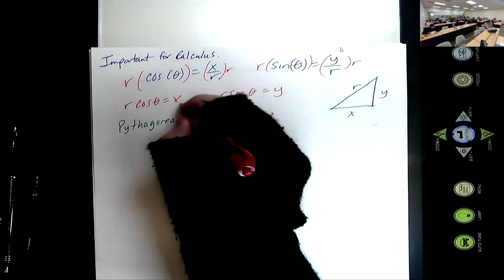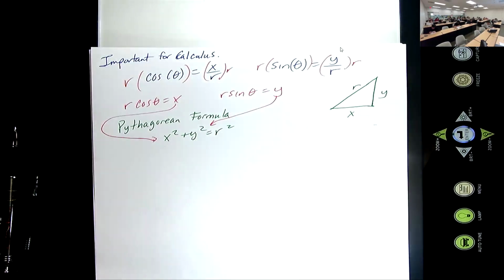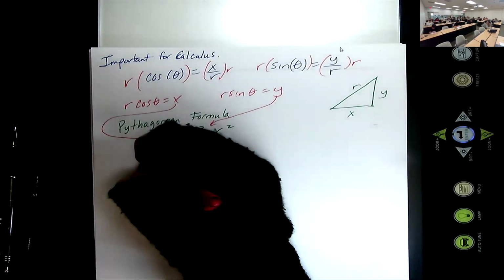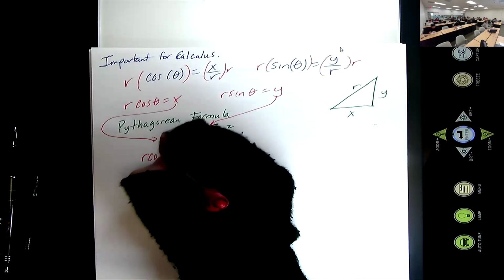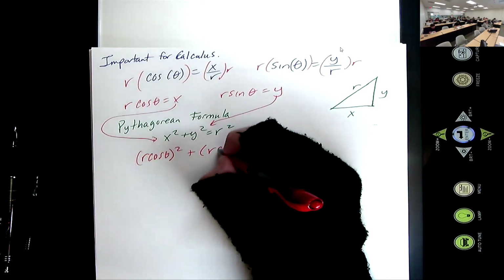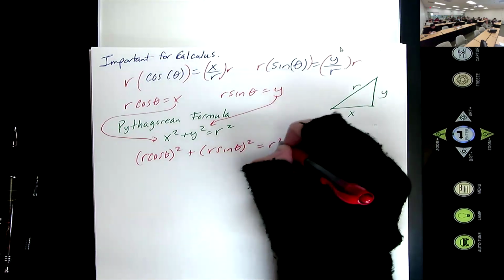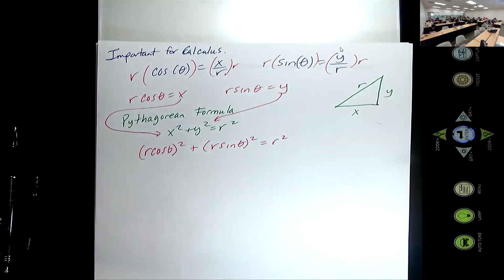Then take and plug that in right there, and I plug that in right there. So I'll have r cosine theta squared plus r sine theta squared equals r squared. You guys with me on that one? Just a little plug and play substitution.